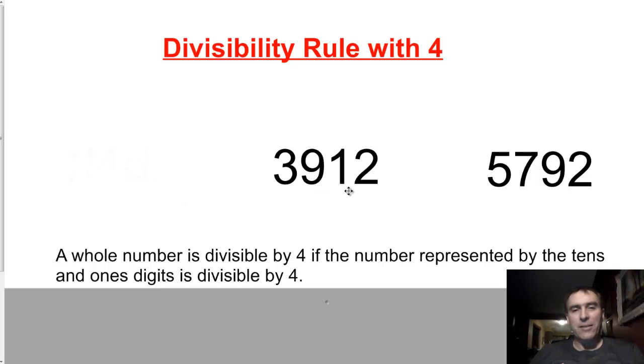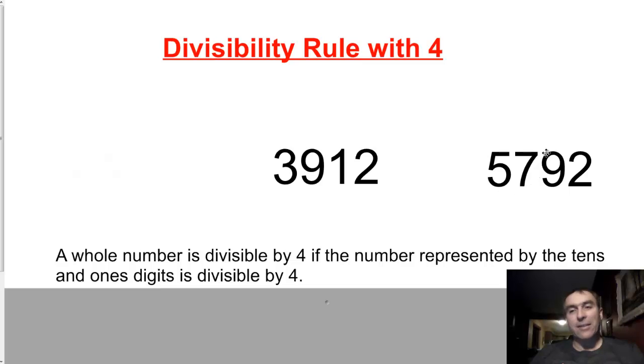What about 3,912? Once again, you don't have to concern yourself with the 3,900. Does 4 go into 12? Yes, it does. So that one rejoices because it is a number that is divisible by 4. What about 5,792?